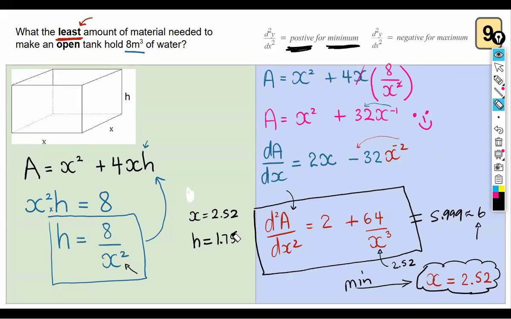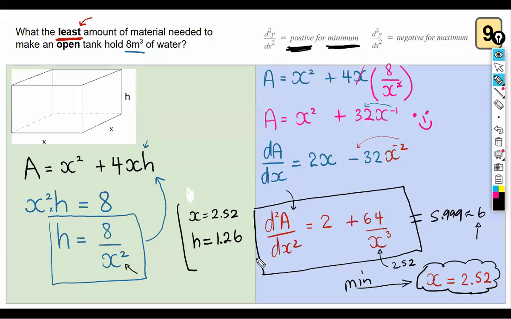Oh, no, sorry. It seems that I made a mistake. It's 1.26. Sorry, my mistake there, guys. 1.26. Yeah, that's the correct answer. Navid, you got that too? 1.26? All right, great.